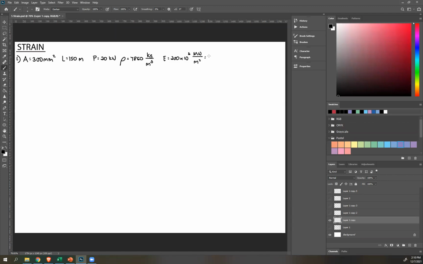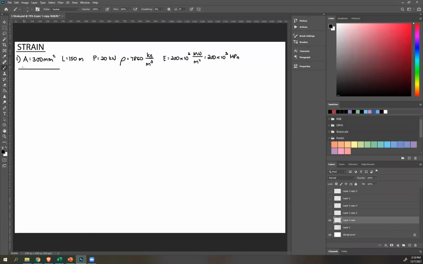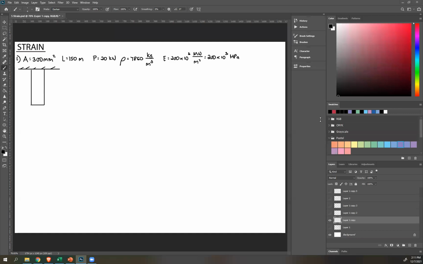And that's the same as MPa, 200 times 10 raised to 3 MPa, Newton millimeter. Find the total elongation of the rod. So let's try drawing that first, right? We have your rod suspended vertically, and then we have the applied load, supports tensile load at the lower end. Here's the lower end, it's supporting 20 kilonewton.